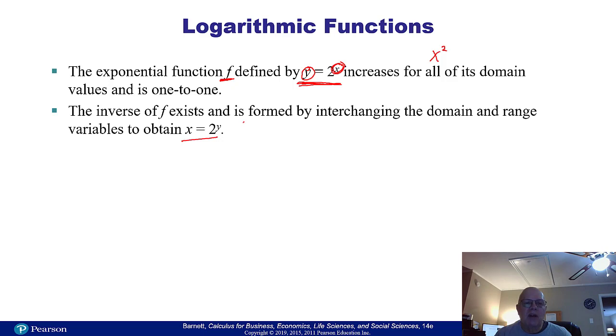And this one is noted by having a -1 where you would normally see an exponent. But since f is a function, this -1 means inverse as opposed to 1 over f.